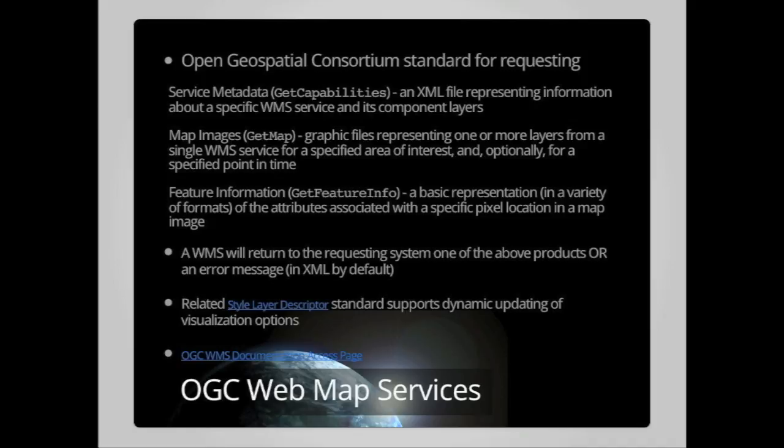The first and key to gaining an initial understanding of any web map service that is published on the web is the GetCapabilities request, which returns the service metadata about that web map service. And it is that service metadata that is represented as an XML file that provides the information you would need to be able to develop and submit requests to that service.